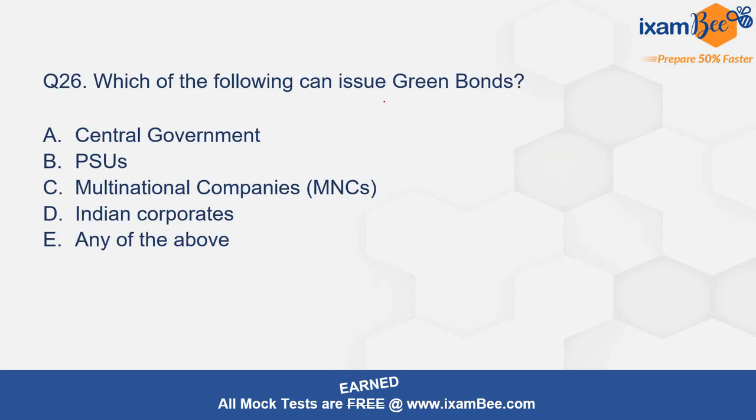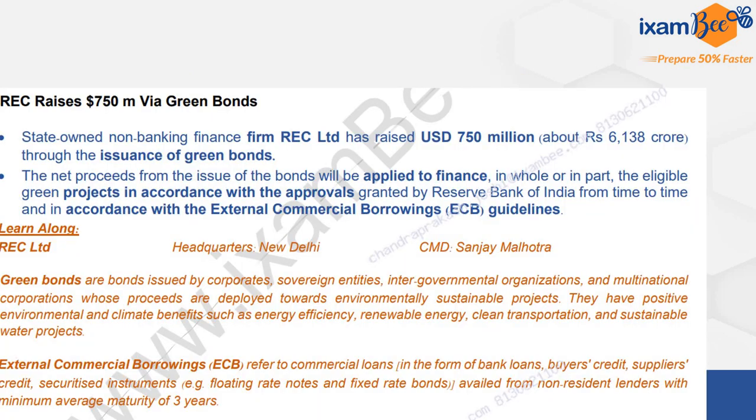Which of the following can issue green bonds? As the name suggests. Sometimes you have to always correlate with the name, then it will be easy for you to remember in the exam. Green bond, as the name suggests, is related to climate, saving the environment. Who can issue that kind of bonds? Again, I have taken this from BPDR. There was news: REC raises 750 million by green bonds.